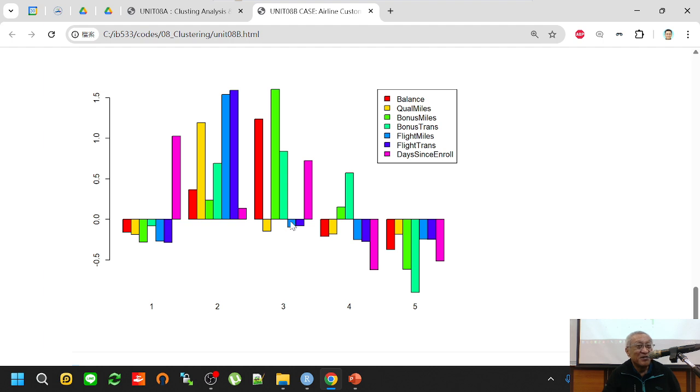They use a lot of bonus mileage, and their balance is very high, but they do not use it, right? So if you are a marketer, what do you want to do with them? Anyone?